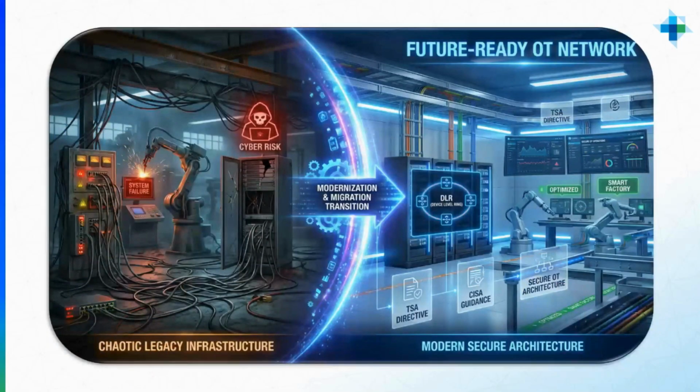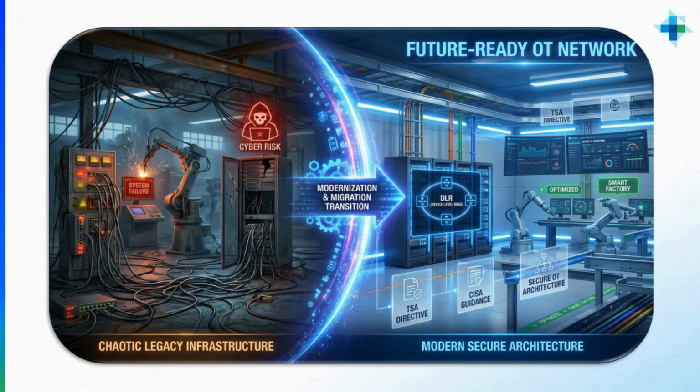So this is our summary, talking about the future-ready OT network. Modern OT environments were originally built for reliability and availability, but today they must also meet growing cybersecurity, regulatory, and operational demands driven by external forces such as TSA directives, CISA guidance, and industry validation requirements.